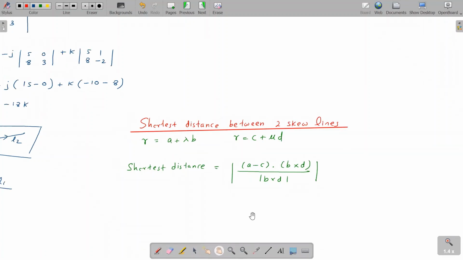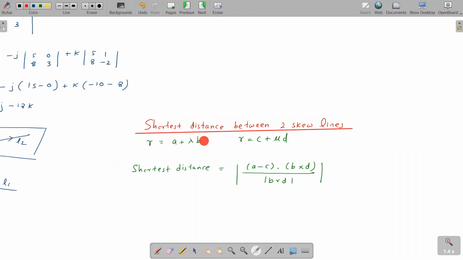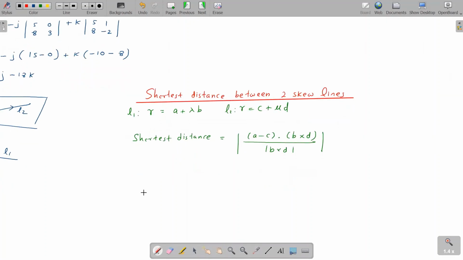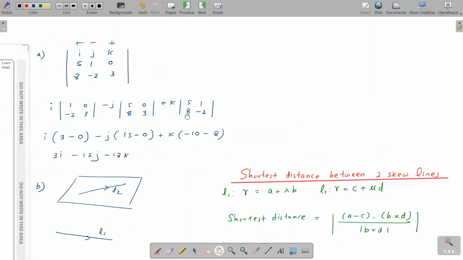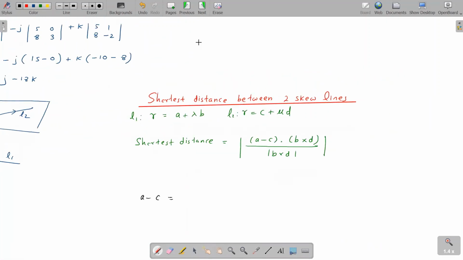Okay. So I think b cross d we already have, right? Because for line 1 and line 2, we already have the direction vectors' cross product. Am I correct? The only thing I have to do is get a minus c. Shall we get a minus c? So can you all tell me the line 1 equation again?